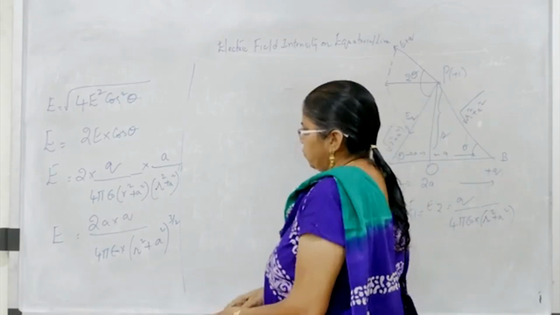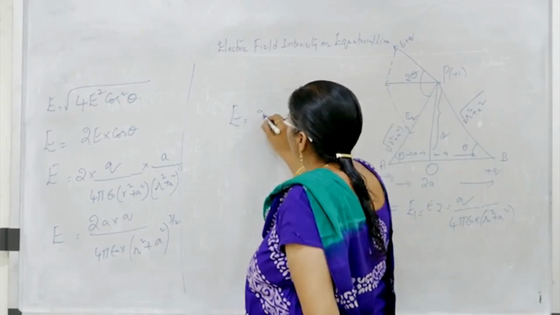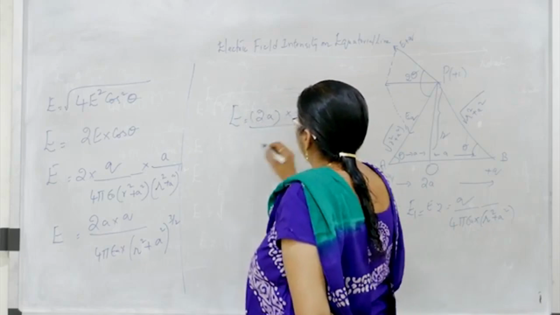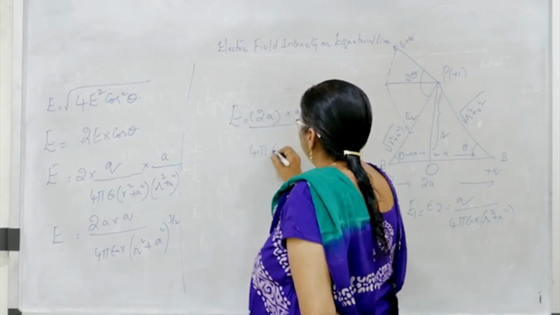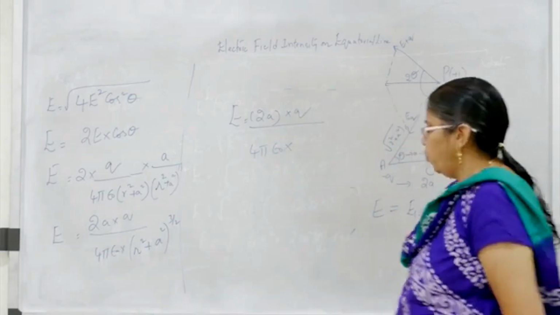So E is equal to 2a into q by 4 pi epsilon naught into r square plus a square whole power 3 by 2.